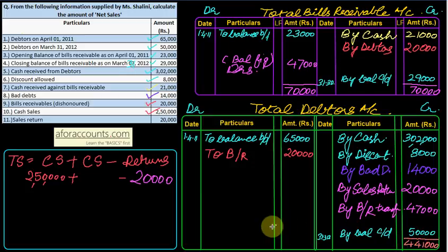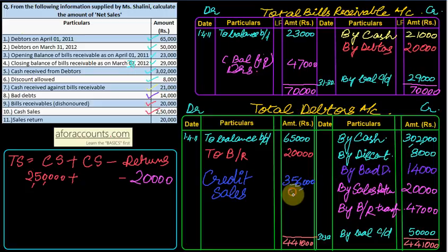Taking the total 4,41,000, and 4,41,000 minus 65,000 minus 20,000 is the balancing figure. What is that? That is nothing but credit sales. Since goods were sold, debtors stood; debtors account debit to sales, everything was written, only credit sales was missing. So that comes up to 3,56,000.